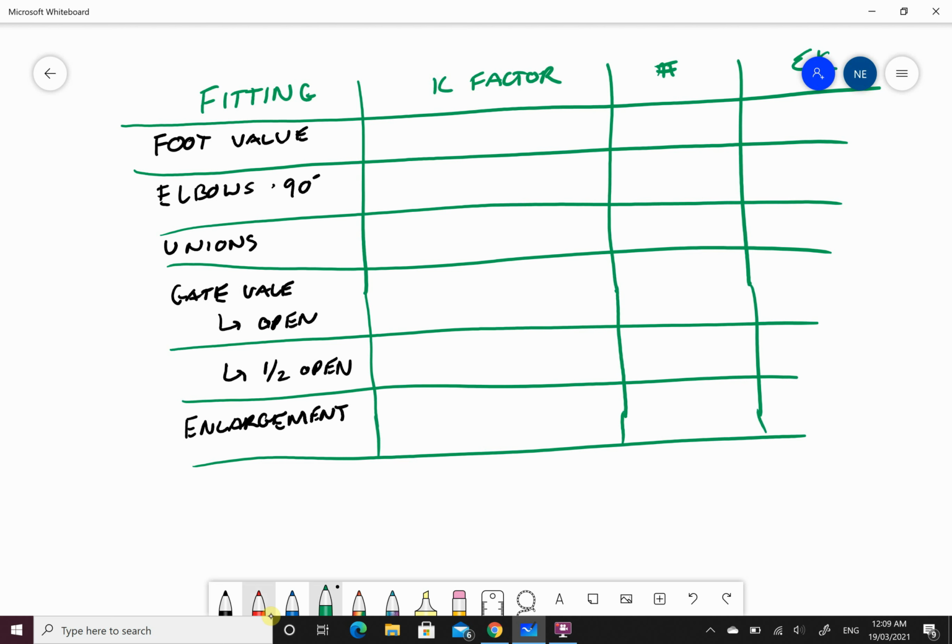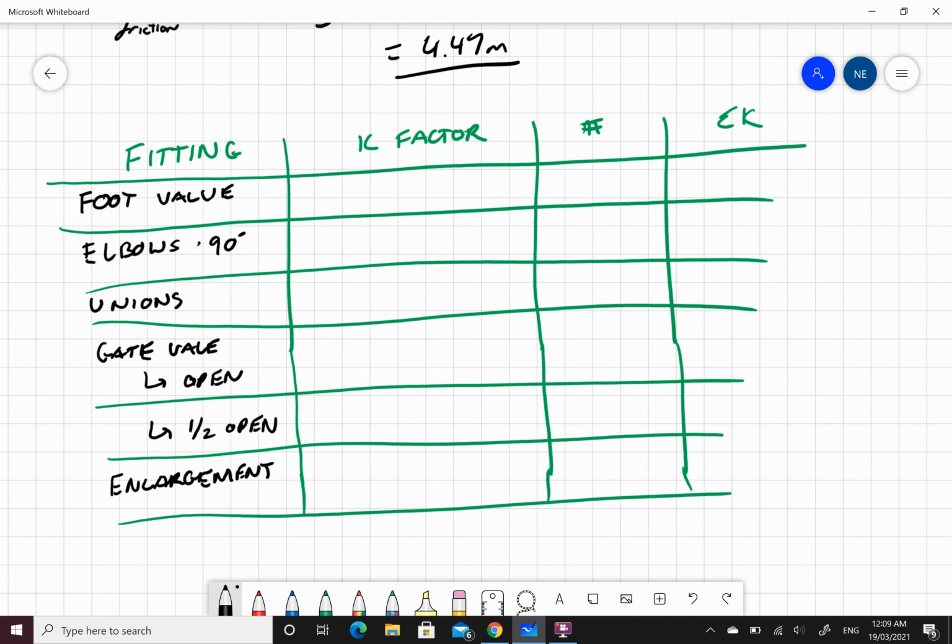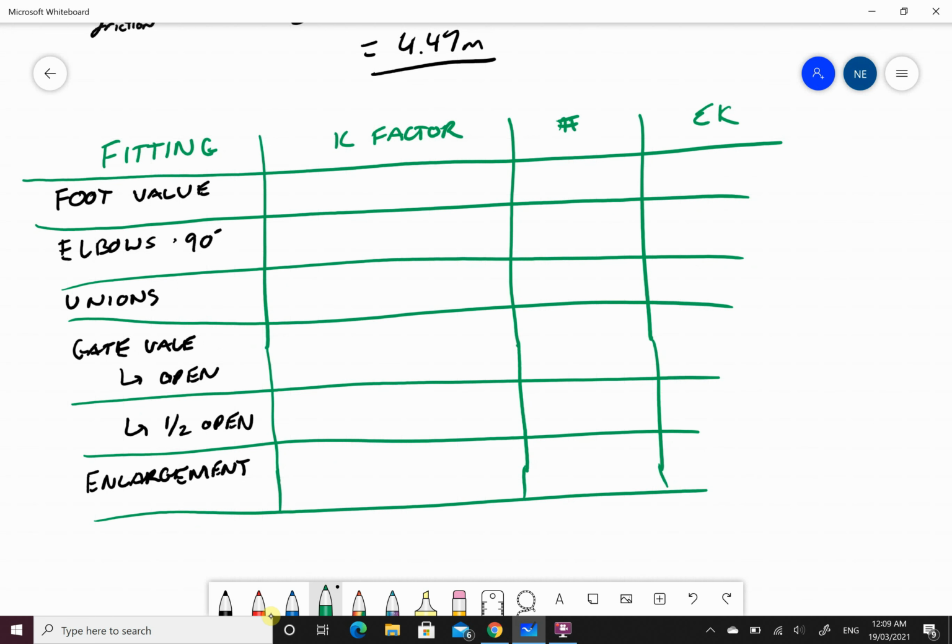No, it's not the most neat set out, but it will do for now.